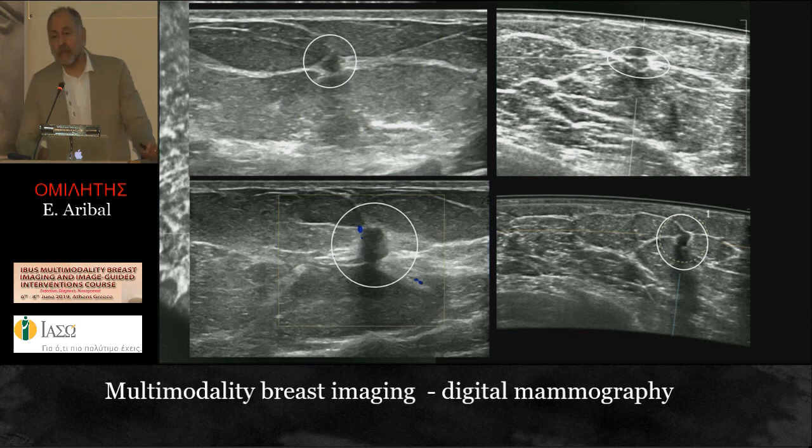In the morning there was this discussion that we might have elastography negative, or elastography that shows that the lesion is soft, or we might have a Doppler sign without any vasculature. But if we have mammography findings or some grayscale ultrasound findings which are suspicious, we should do the biopsy.